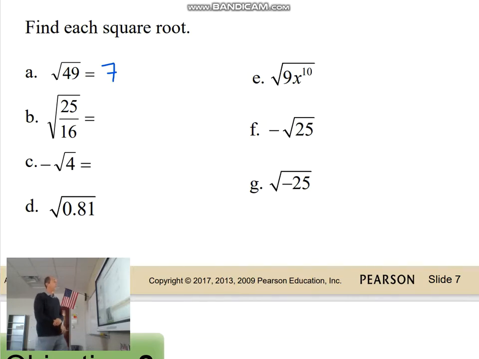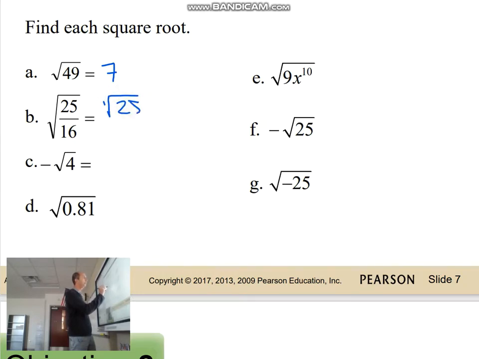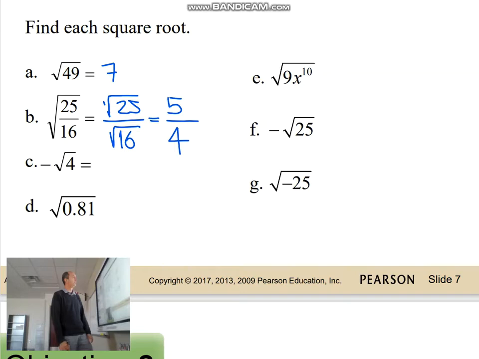The square root of 25 over 16, we can calculate it by finding the square root of 25 over the square root of 16. 25 is 5 times 5, 5 squared. That means the square root of 25 is 5. And 16 is 4 times 4, 4 squared. That means square root of 16 equals 4.